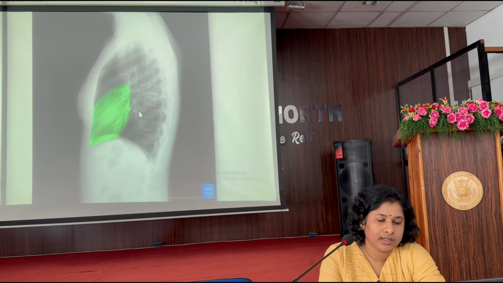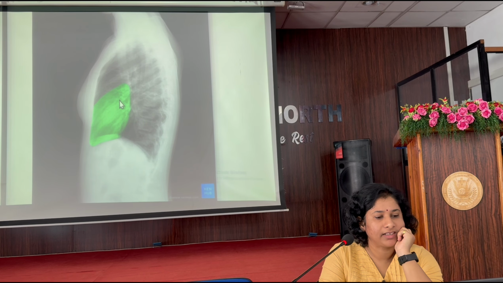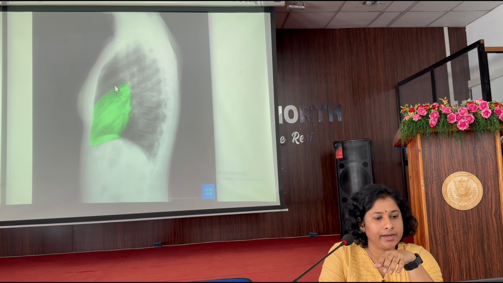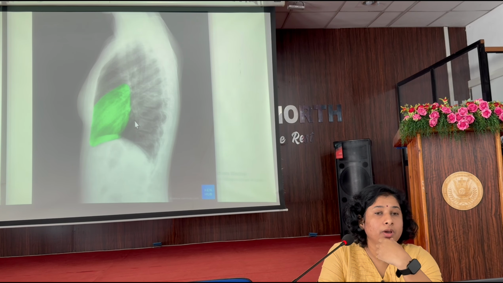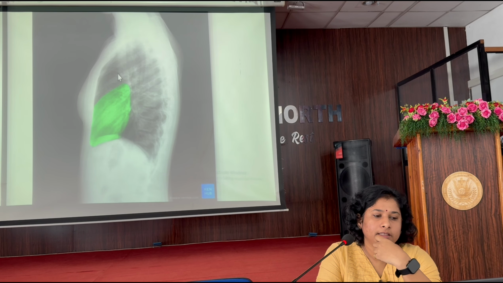In a lateral X-ray, the cardiac contour is colored green, the area above is called the retrosternal area, and the area below, behind the heart, is called the retrocardiac area. The retrosternal and retrocardiac areas should be equal in size, and the density should be equal as well.